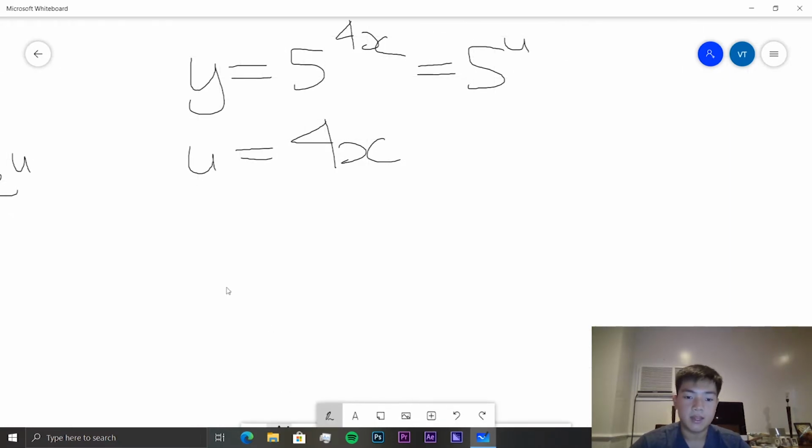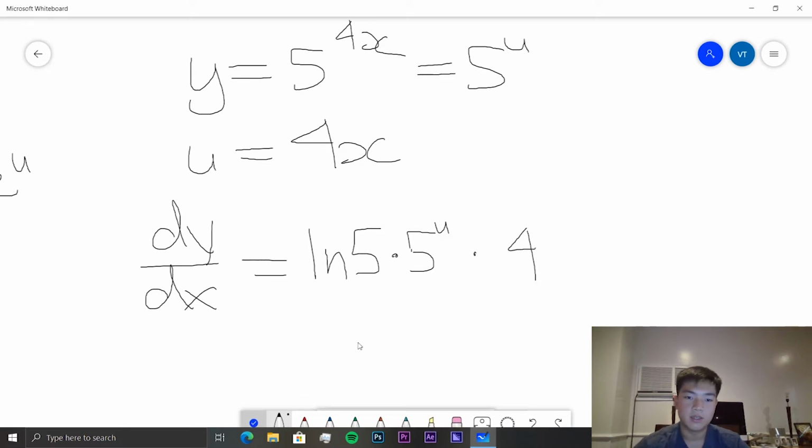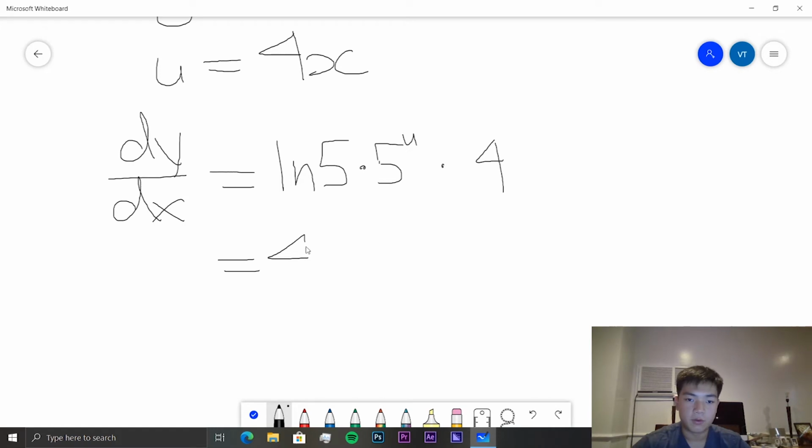We know dy over dx is equal to dy over du times du over dx. Differentiating 5 to the u, it's actually ln 5 times 5 to the u, times du over dx, which is 4. So this is equal to 4 ln 5 times 5 to the 4x. So this is the answer.